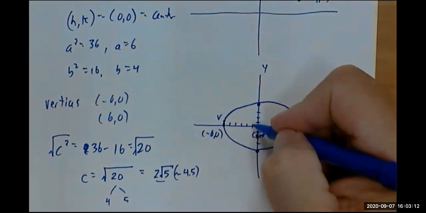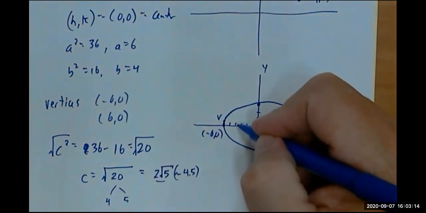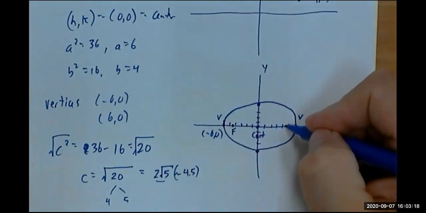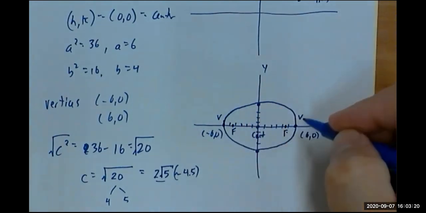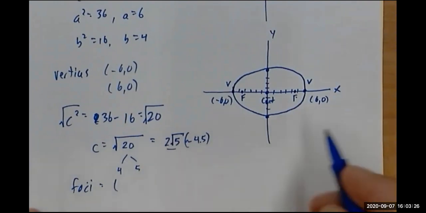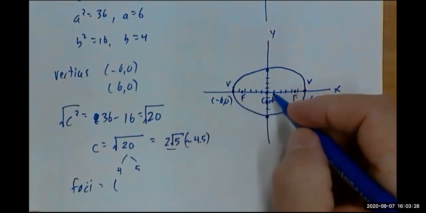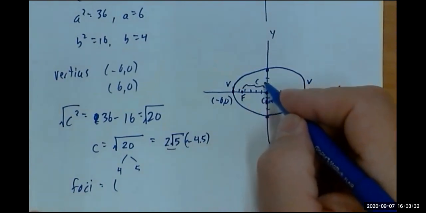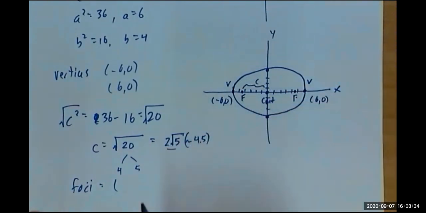So the foci are going to be 1, 2, 3, maybe in here, and then over here. But the actual points, this distance here is c, which is 2 square root of 5.